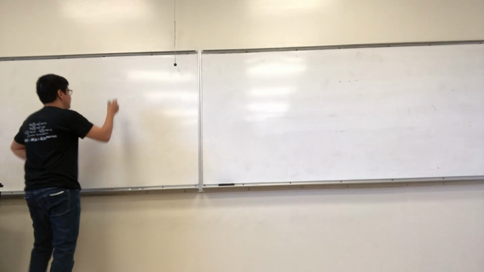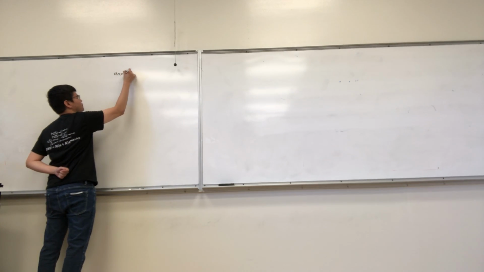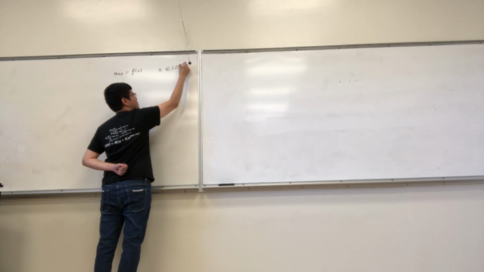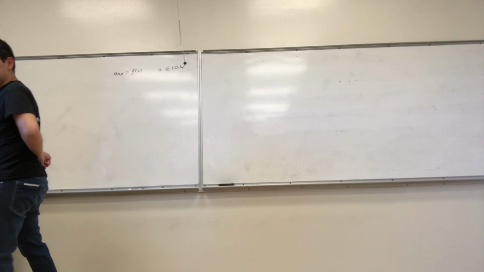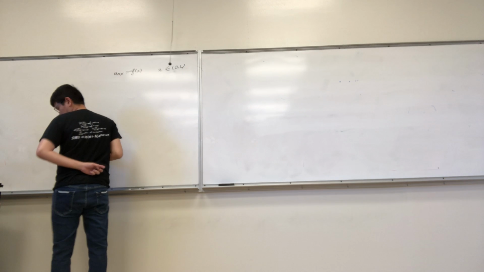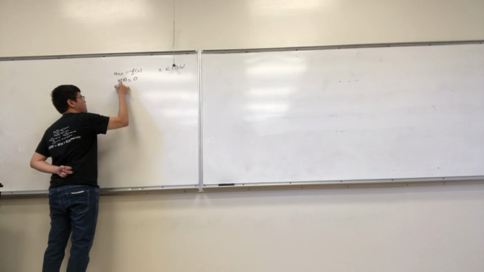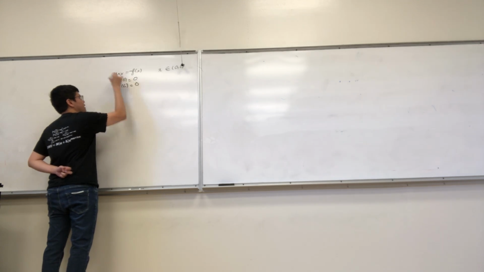So in the previous class, we were trying to solve this equation, for x from 0 to L, negative u double prime equals f of x, with u(0) = 0 and u(L) = 0. All right.